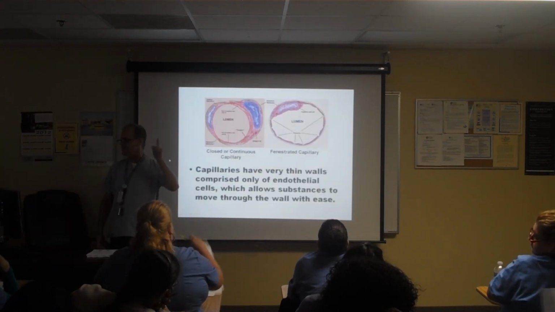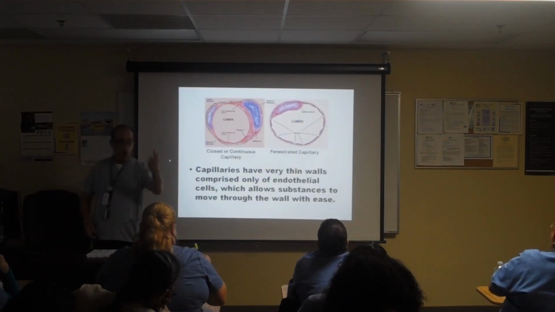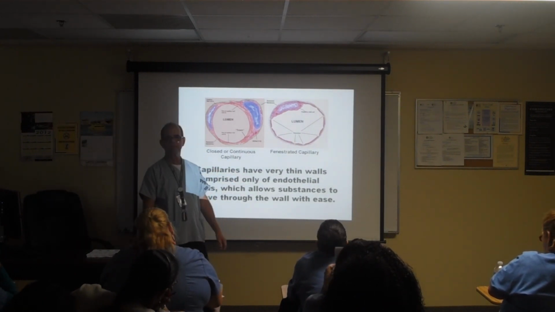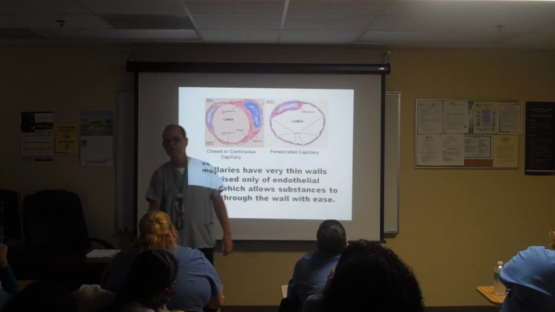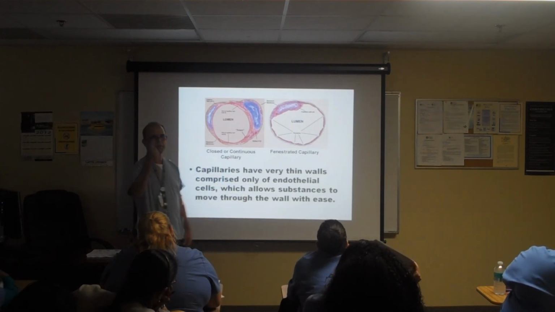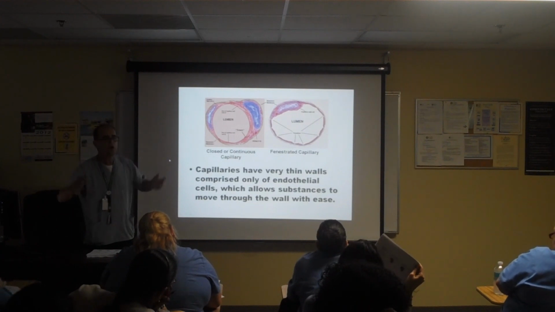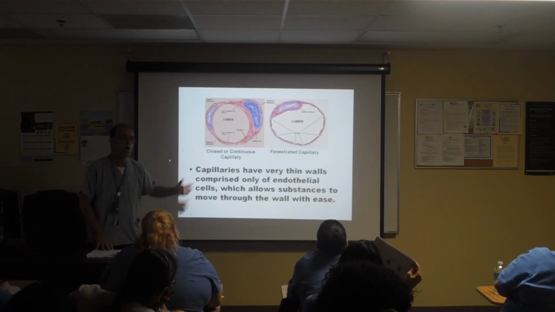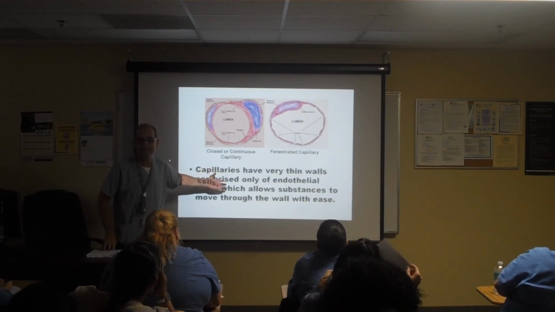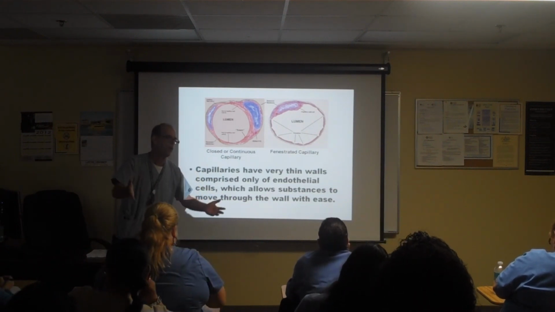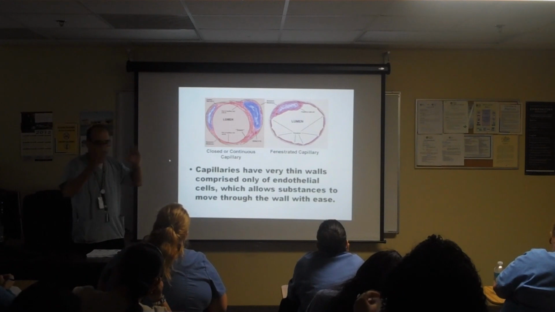Capillaries have a very thin wall comprised only of endothelial cells. Arteries have three, veins have three, but capillaries only have one. But this is only information, because in vascular ultrasound we do not scan capillaries. They are very little, not important in vascular ultrasound. Only to remember.